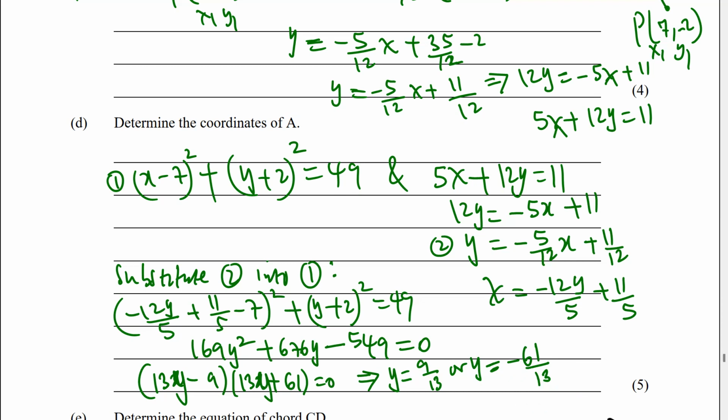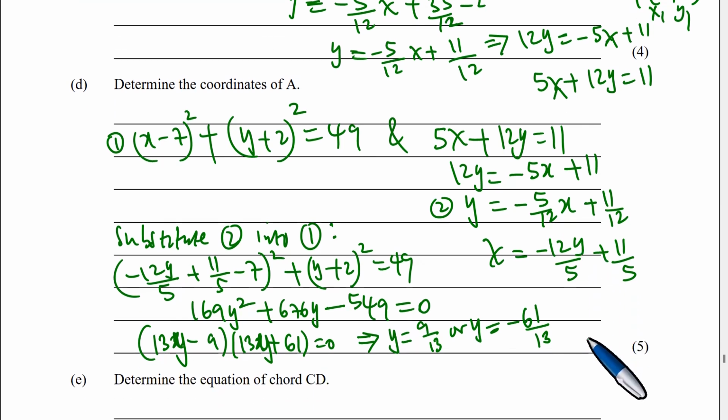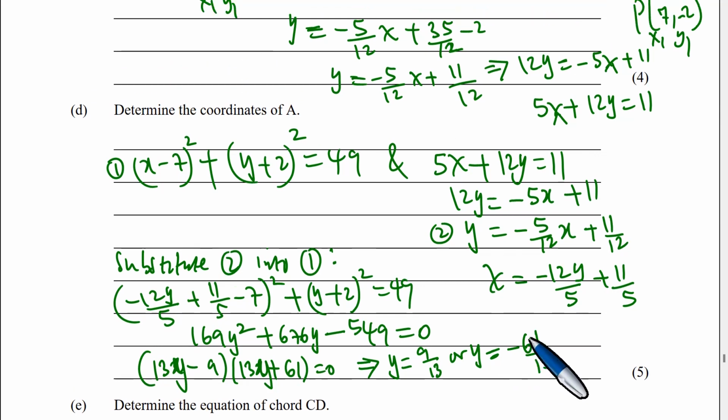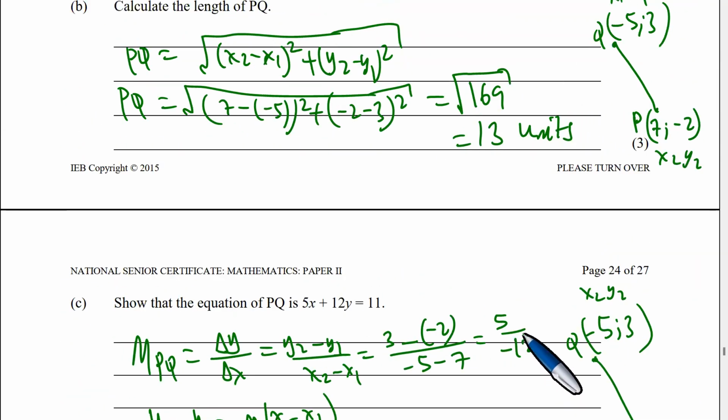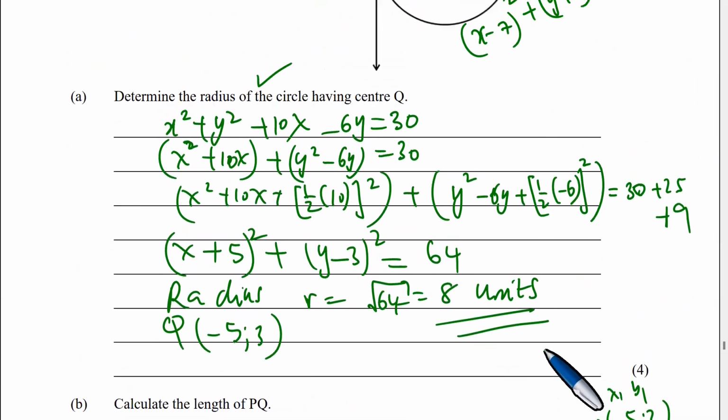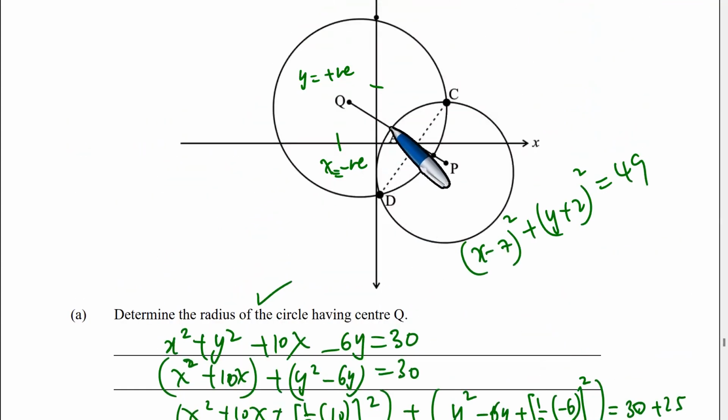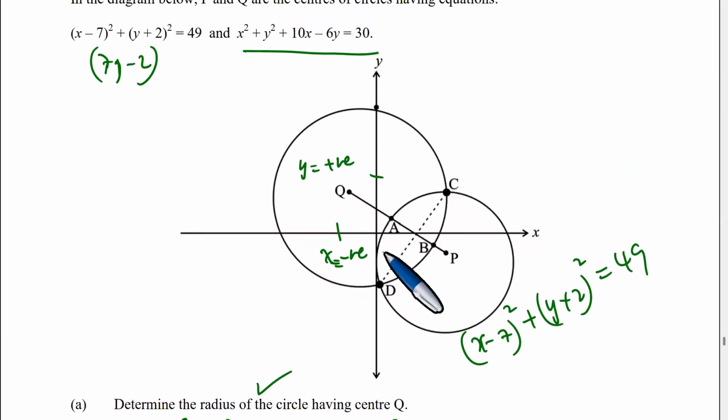So you substitute the y into this equation, and you'll be able to see which one is going to work, because this one is saying y is negative. Let's look at the position of A. A is on the positive side of y, so y is positive here. It's in the first quadrant where x and y are both positive.